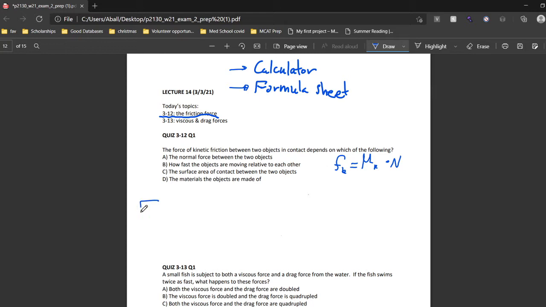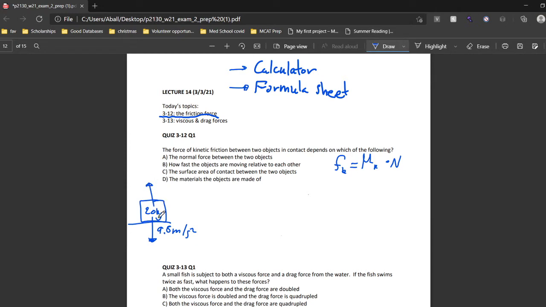So if you have a 20 kilogram box, and it is in contact with the floor completely, it has a downward acceleration of 9.8 meters per second squared. That is the gravitational acceleration. And then the opposing force, to make sure it doesn't break through the ground, is the normal force.